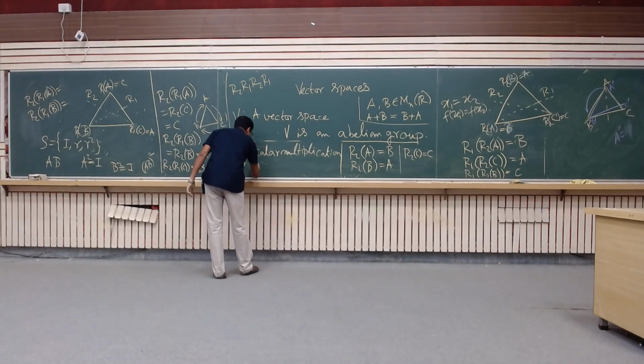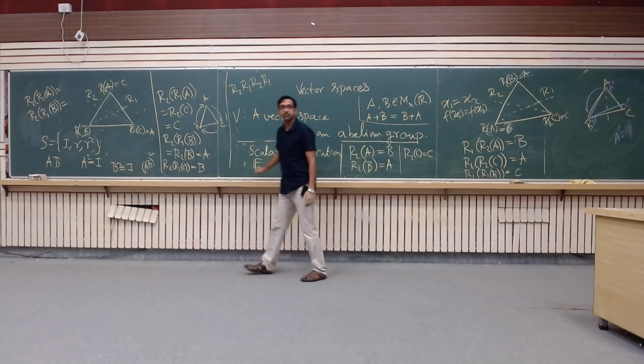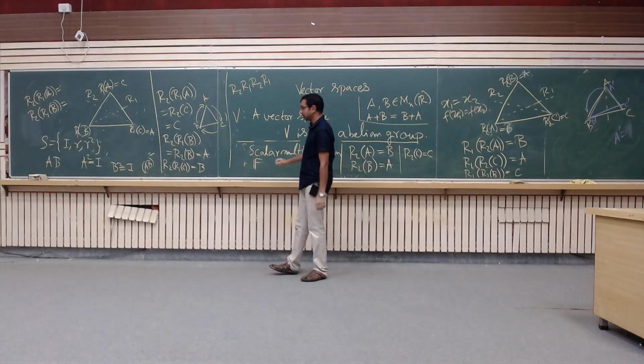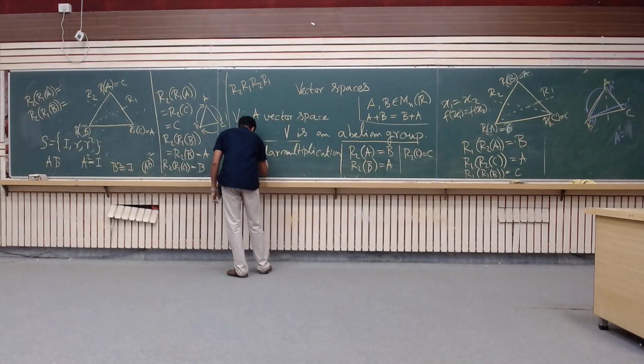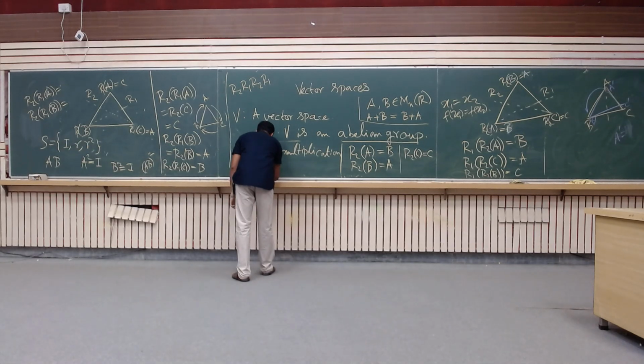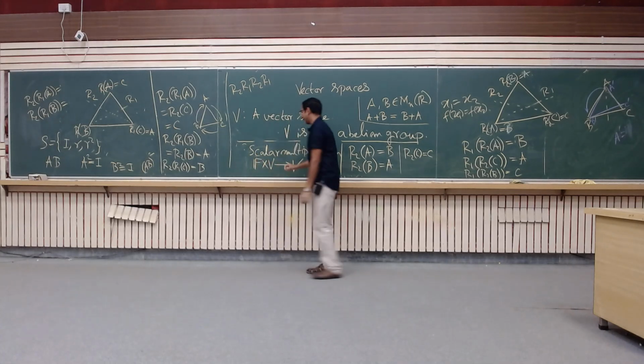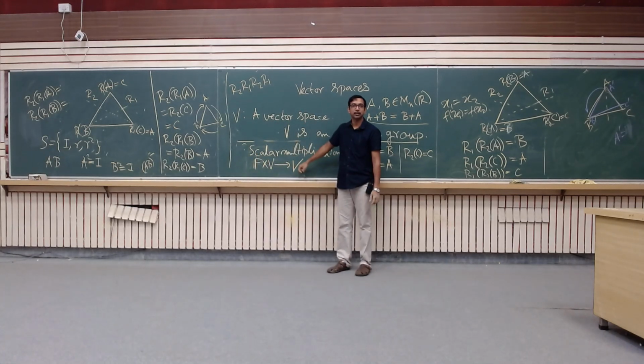You said you know what is a field, right? So suppose F is an underlying field. It could be R, it could be C, it could be some other kind of field. So from F cross V to V, there's a map, and this would be called scalar multiplication.